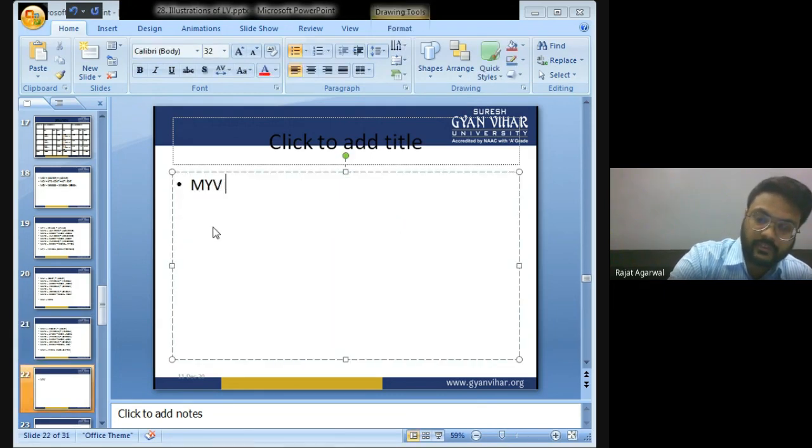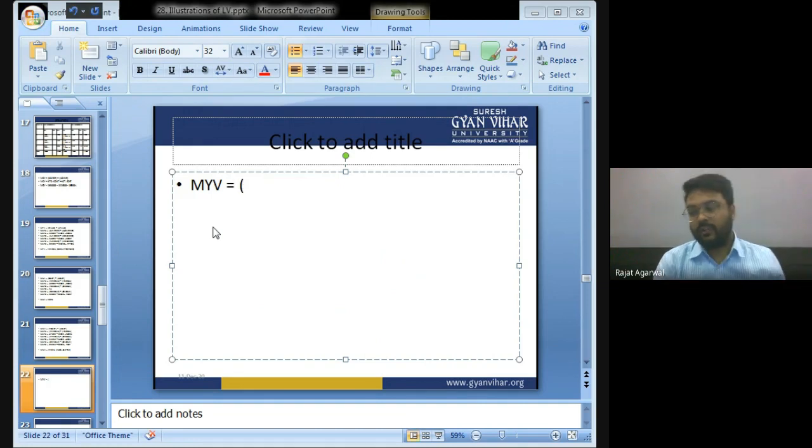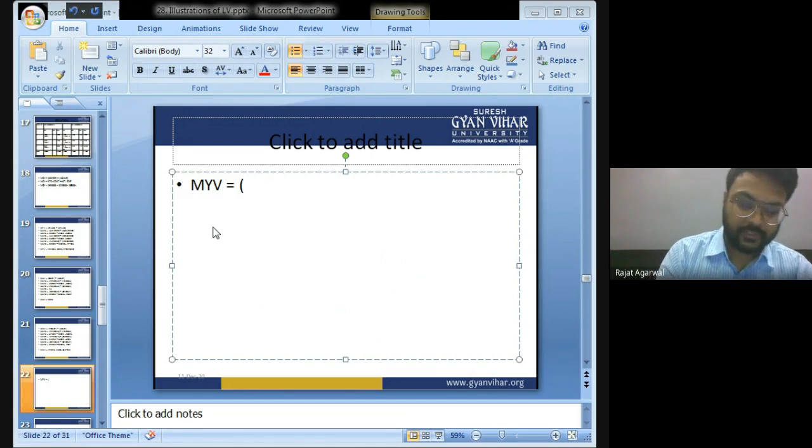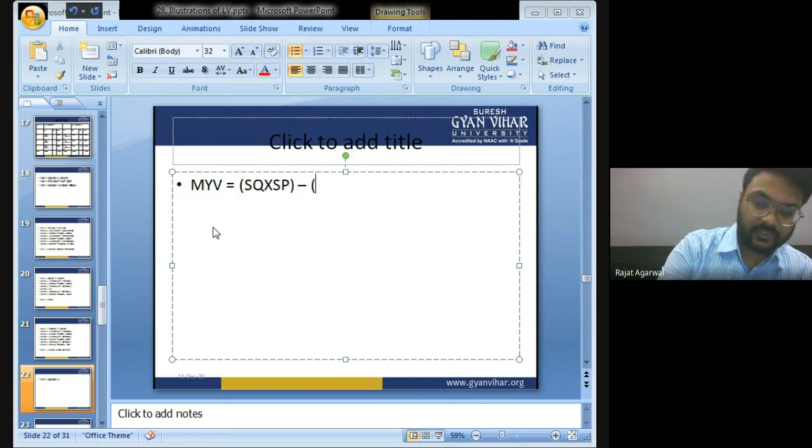Material yield variance. Now, what is the formula of material yield variance? The formula is standard quantity into standard price minus revised standard quantity into standard price.